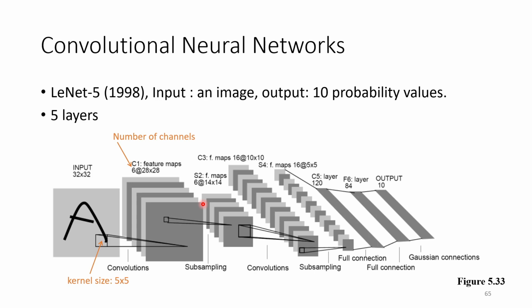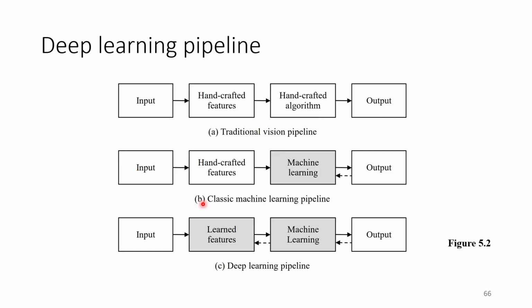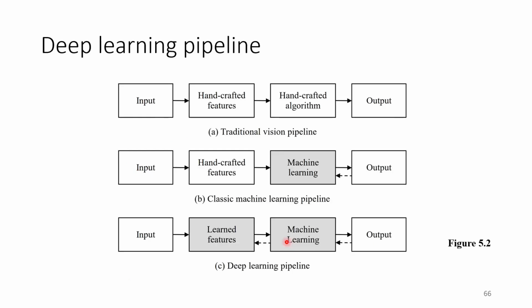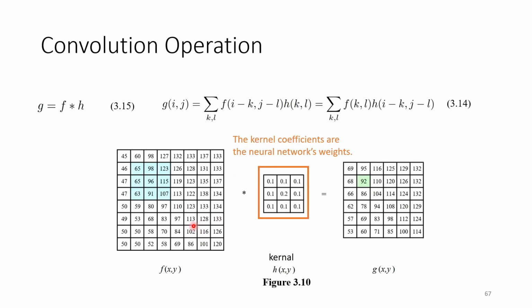How? Try to reduce the final loss value. Okay. So here, the learned feature comes from the convolution kernel. So let's recall what a convolution is. We saw this slide in our second course.